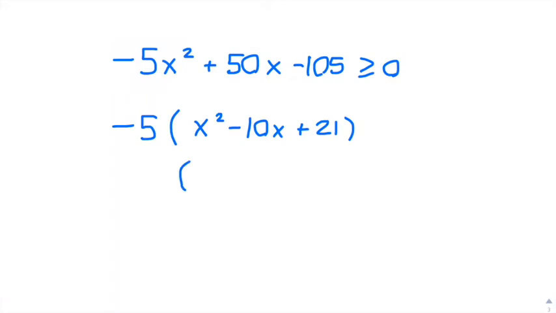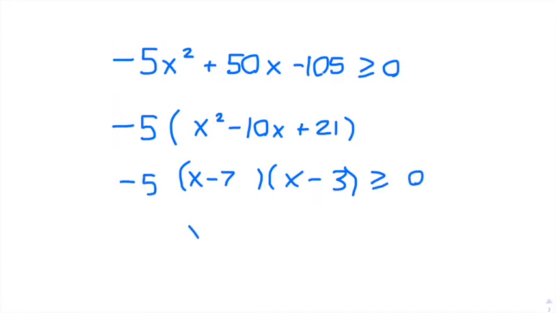Okay, and then from there I can factor everything inside the parentheses right here. So this will be x minus 7 and then x minus 3. Which basically means your x-intercepts of this are at x equals positive 7 and x equals positive 3.